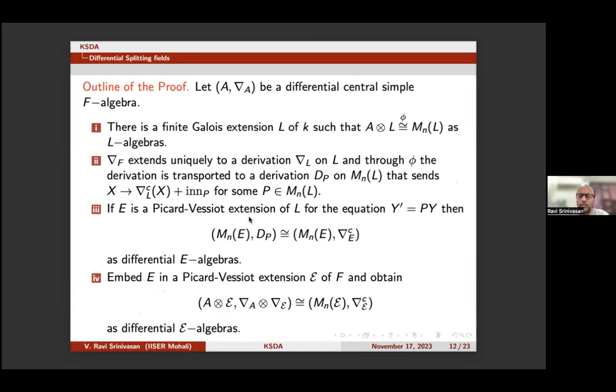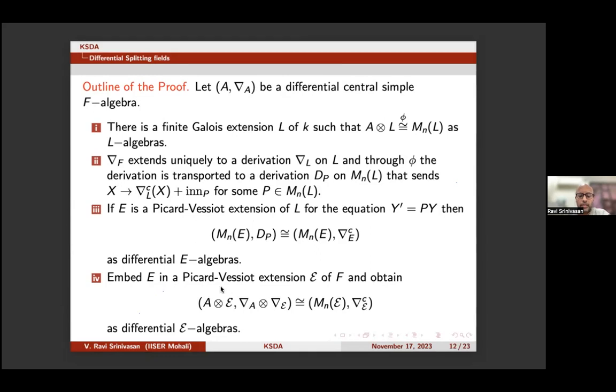In a later slide I will show you that this is equivalent to the other definition of Picard-Vessiot extension, which is essentially that if you tensor A with the Picard-Vessiot extension, then it has enough constants. So the dimension of the constants will be the same as the dimension of the differential module.